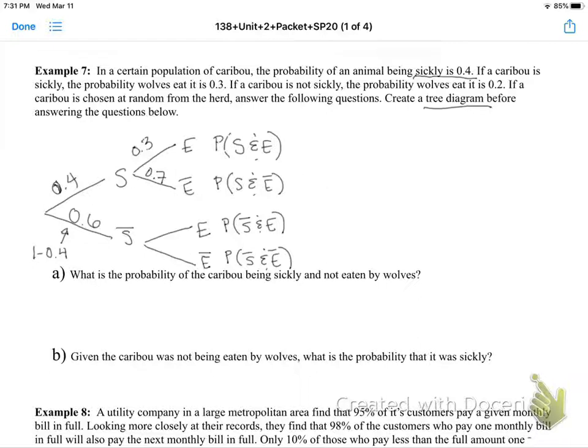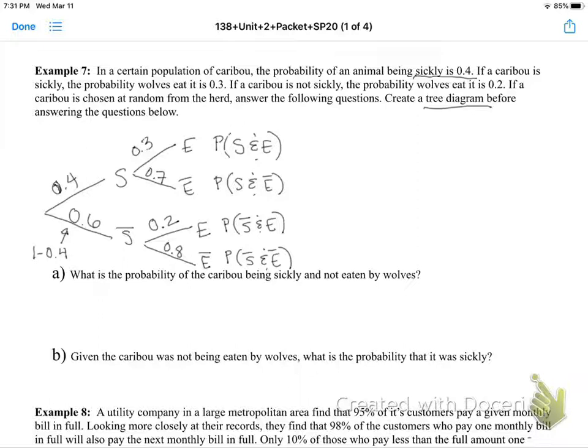So we keep reading. If a caribou is not sick, the probability wolves eat it is 0.2. So I'm on my second branch. If the probability wolves eat it, that means I'm at 0.2. So I still take away from 1 to find my opposite branch here. So I want to find out the probability that the caribou is not eaten given it was not sick, which means I take 1 and subtract 0.2, giving me 0.8.